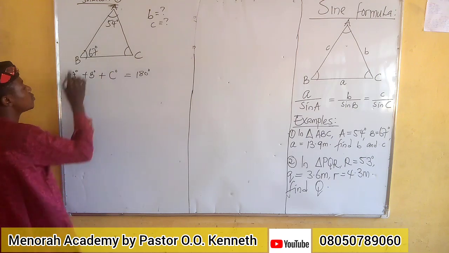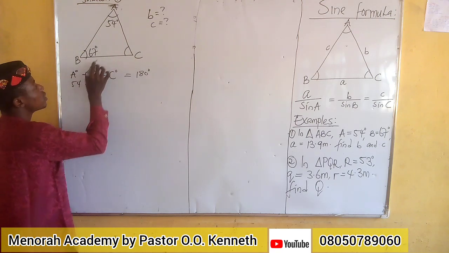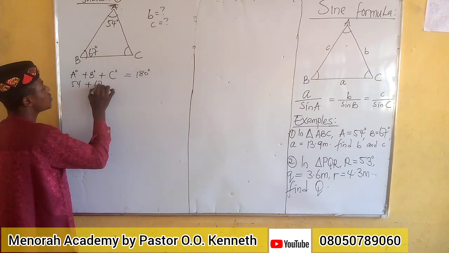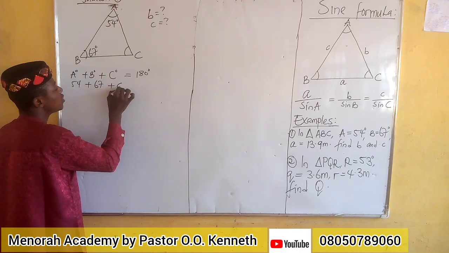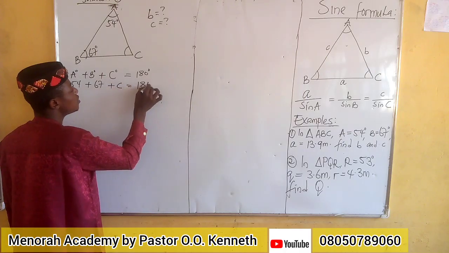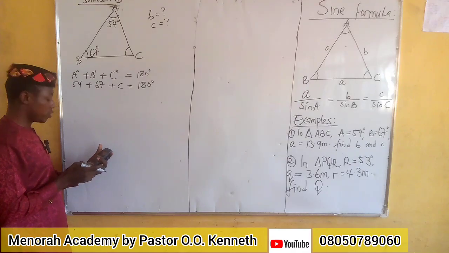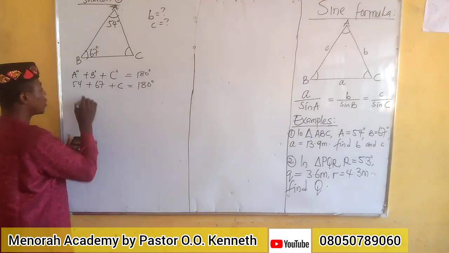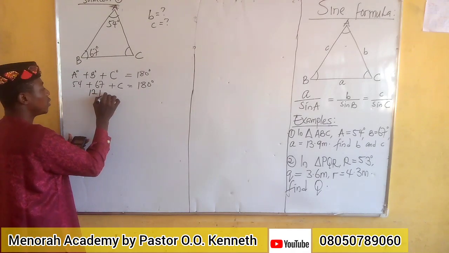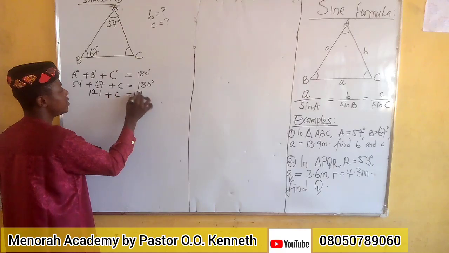So A is given to be 54, plus B is given to be 67, and C is not given. So 54 plus 67 is going to give us 121, plus C equals 180 degrees.